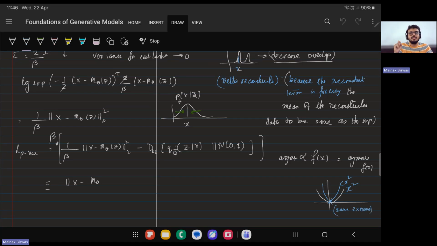So both maximum and minimum stay the same if you multiply by a constant.